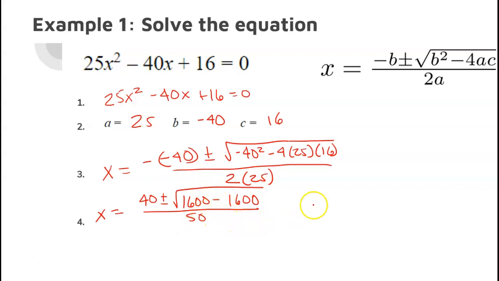It's going to drop out. And that's going to leave us with x is equal to 40 over 50, which is equal to 4 over 5, or 0.8, and that is going to be a rational solution.